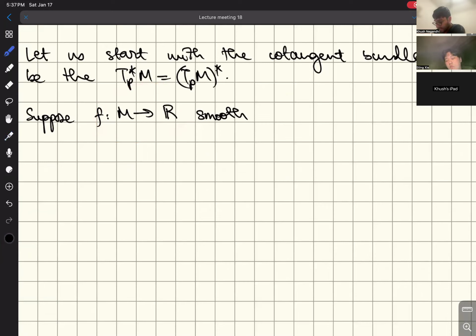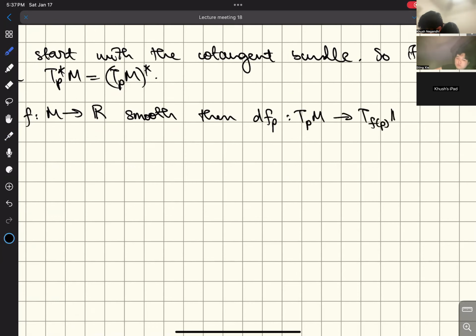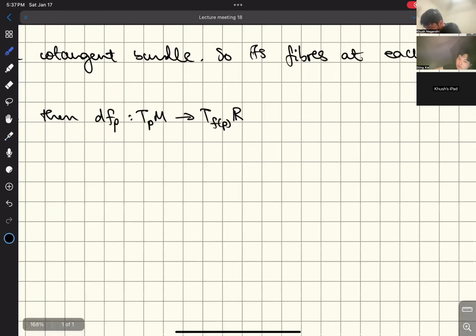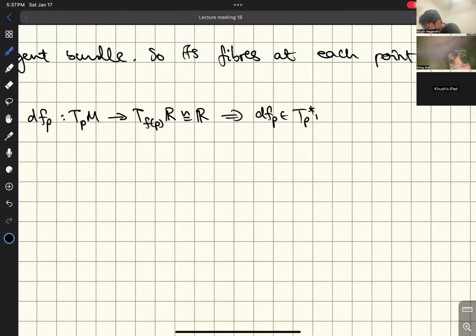Then what I want you to note is that the differential, which was again important, is a map from the tangent space at p into the tangent space at the image. But this thing is just equal to R. What this tells me is that df_p is actually in the cotangent space, because it's a linear map from my vector space into the field.